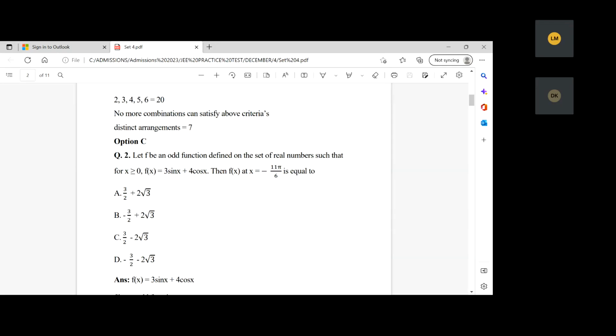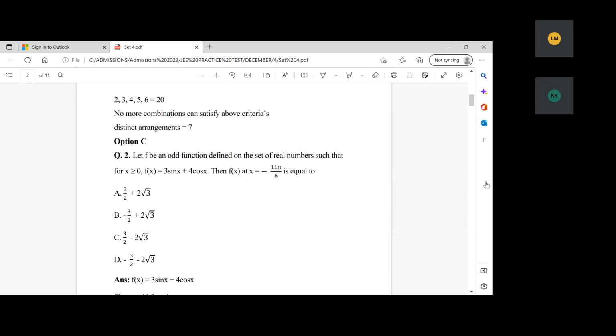So I'll give you just 2 to 3 minutes to analyze the question. What is there? And then we can start solving it. Some students have typed their answers.